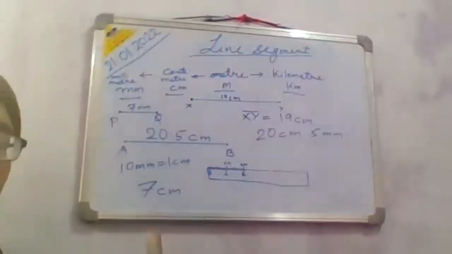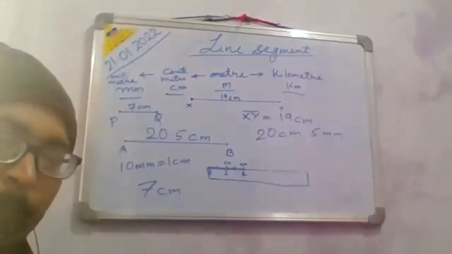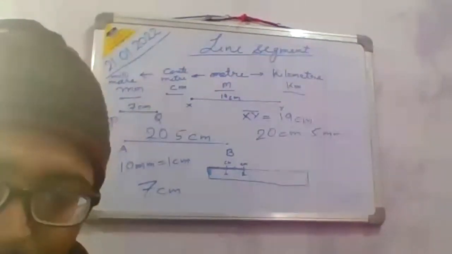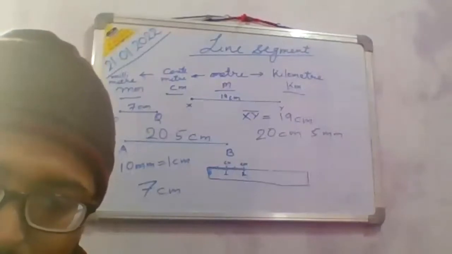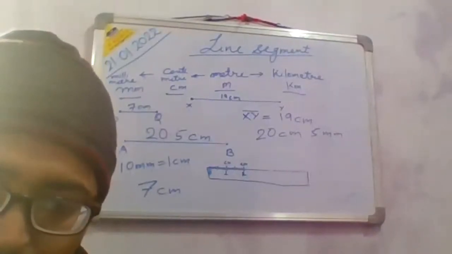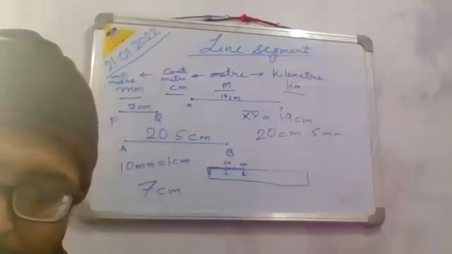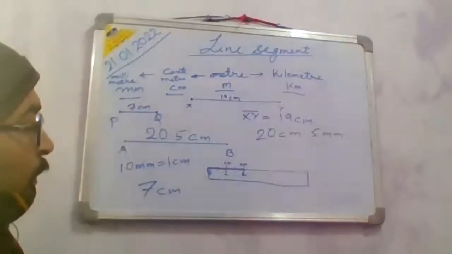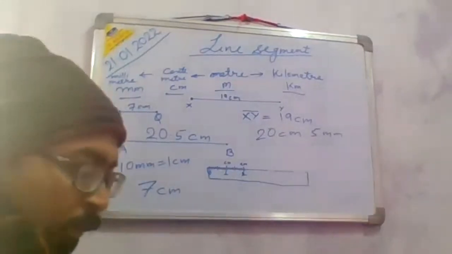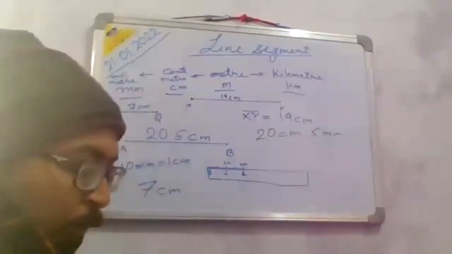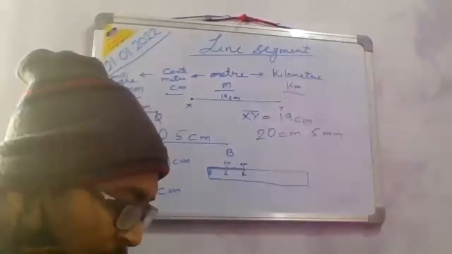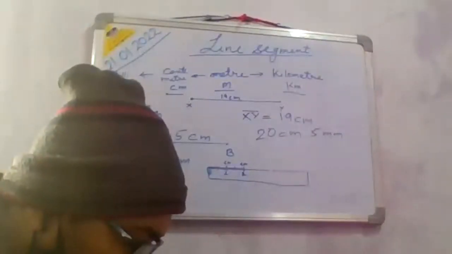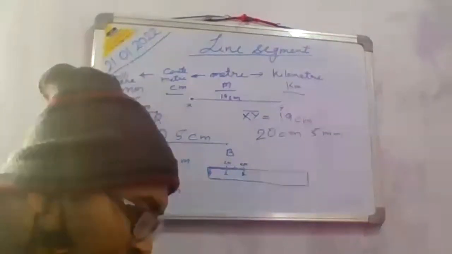I have explained the last topic. Now I do not think anyone has any problem. So on this basis, you can do your worksheet 4, which is your homework, and worksheet 5 as well.